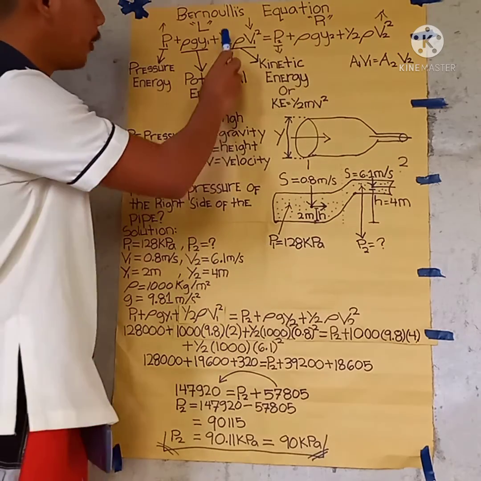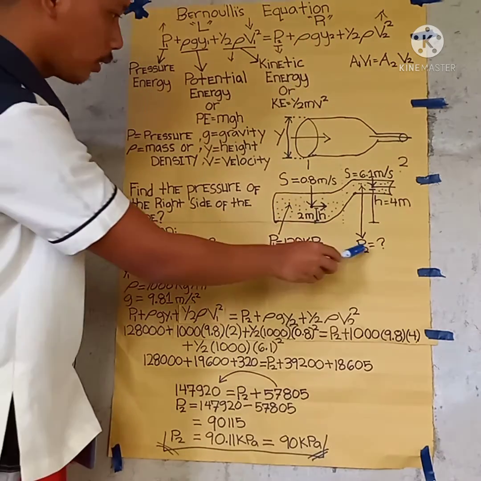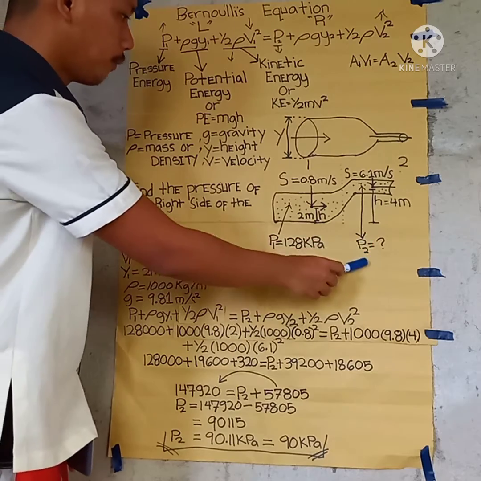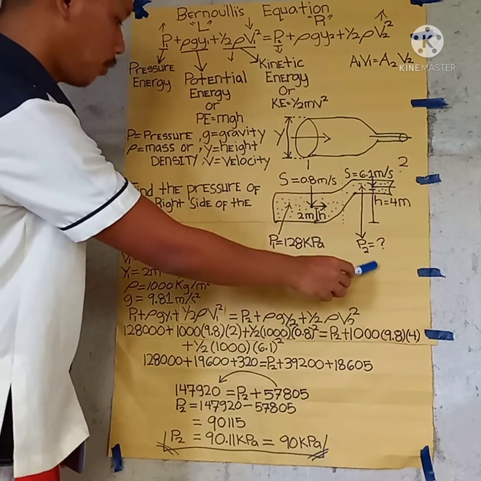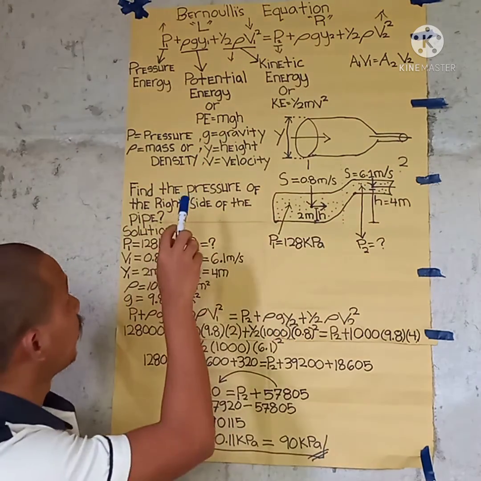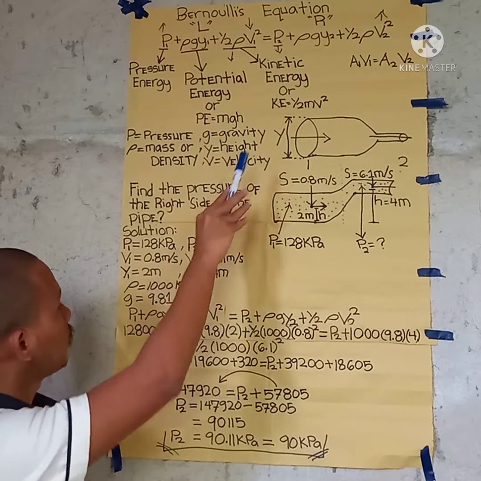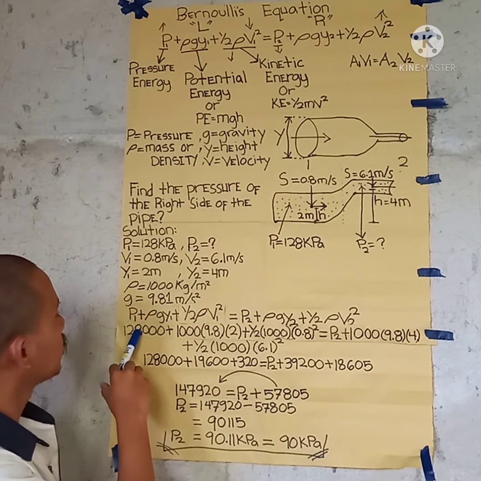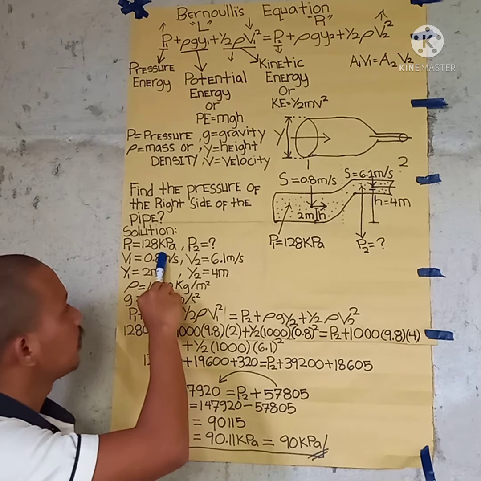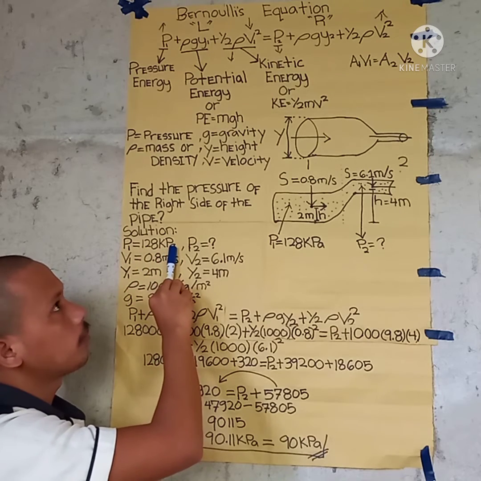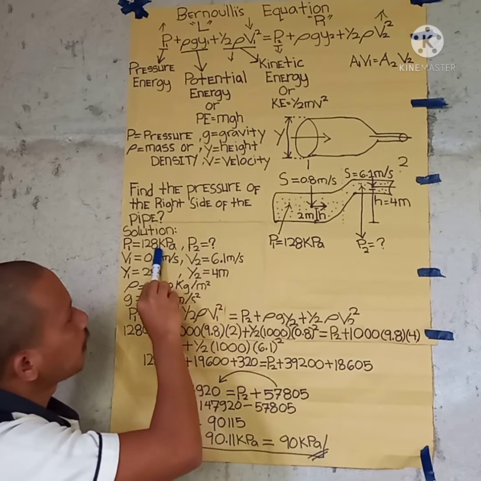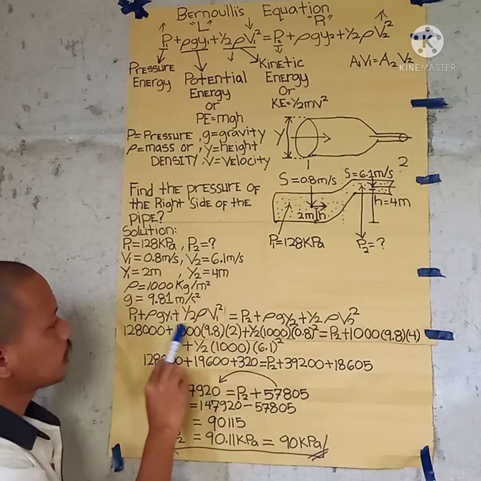So using Bernoulli's equation, ato na makompute ang pressure energy sa right side of the pipe. So using the formula of Bernoulli's equation, ang P1 nato kay 128 kilopascal, ato ni siya i-multiply sa 1,000 para pascal na lang, para ato siya masolve diri.